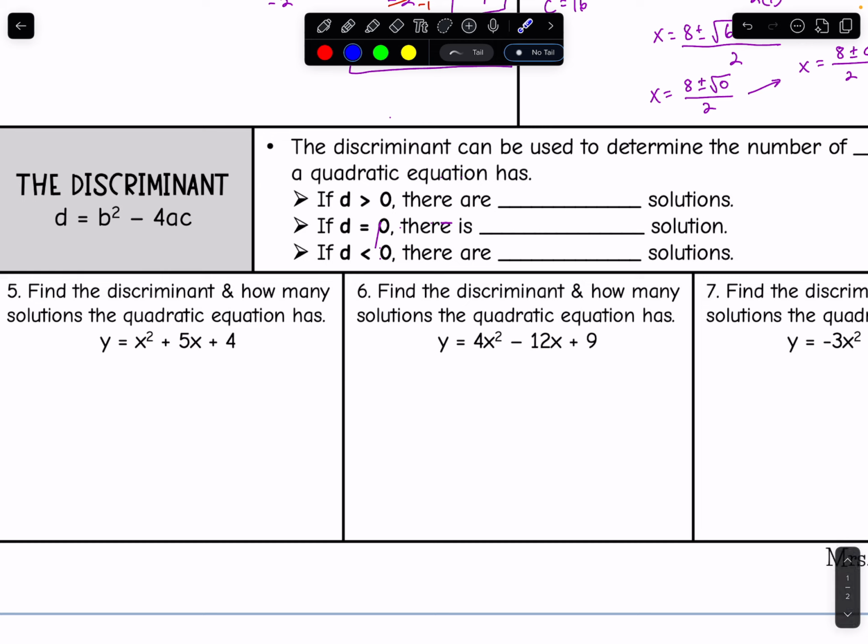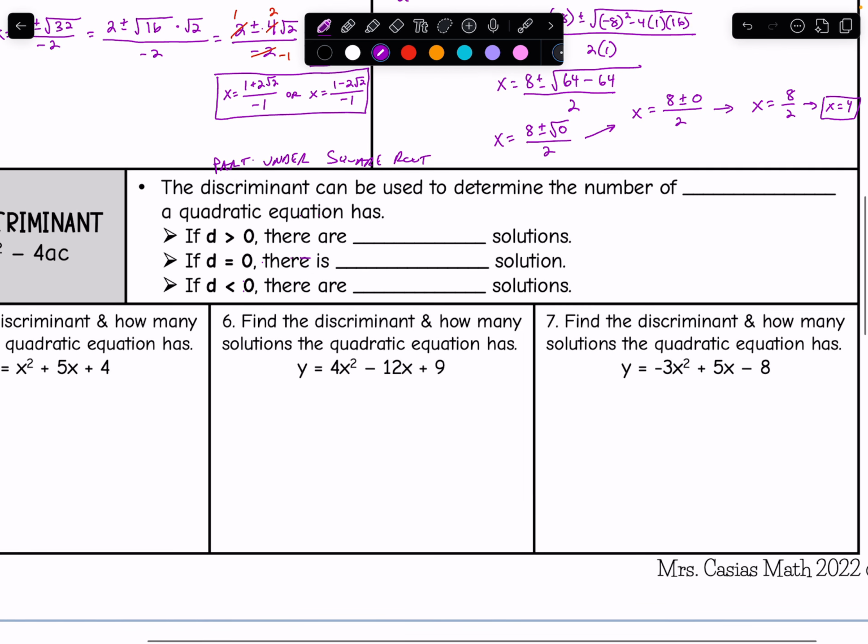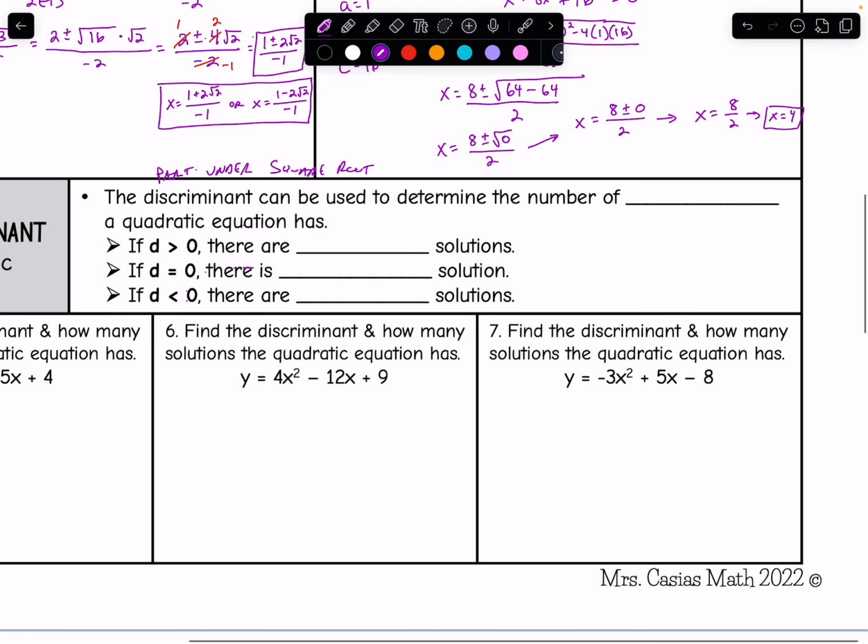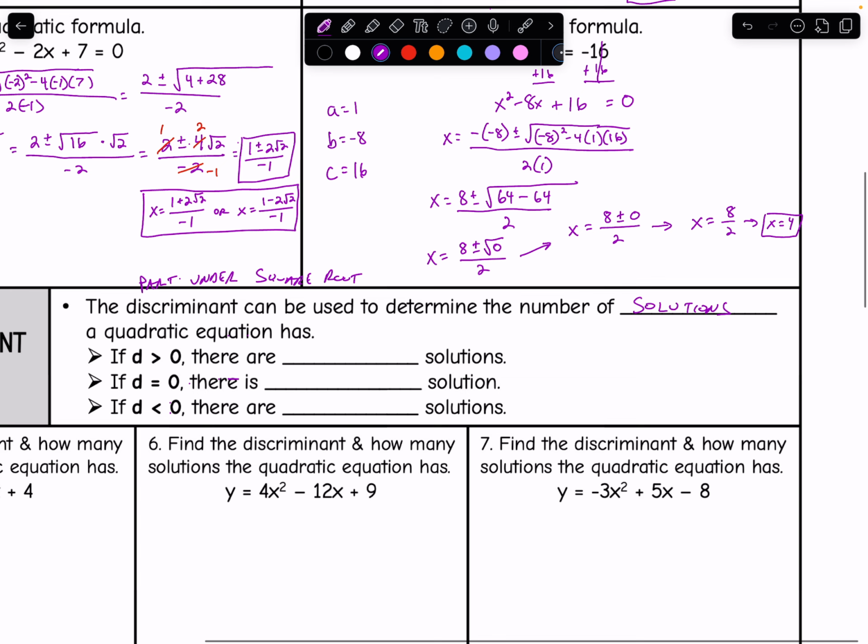The part under the square root can be used to determine the number of solutions a quadratic equation has. You can just tell. So like we said before, when that stuff under the square root turns out to be 0, you end up only having one solution.